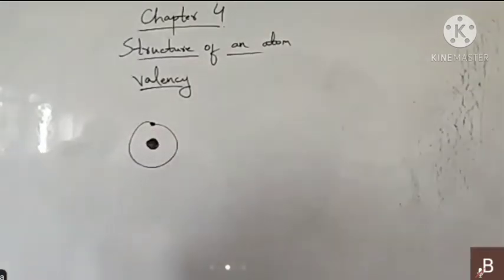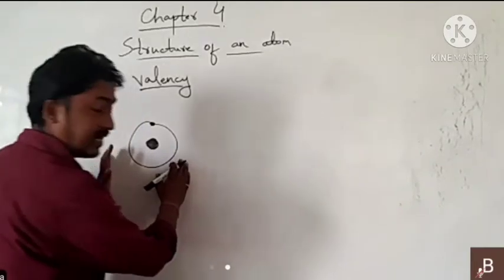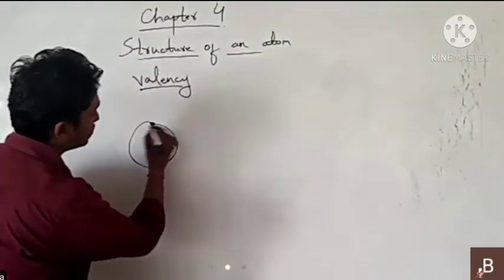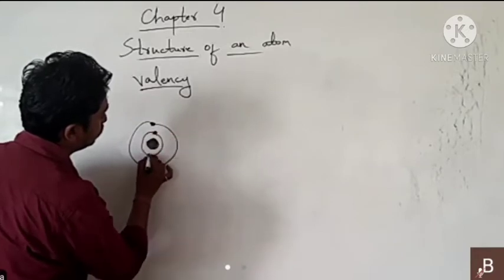So from Bohr's scheme, we also know that the outermost shell of an atom accommodates a maximum of 8 electrons. Suppose we take this as 2, then 8.